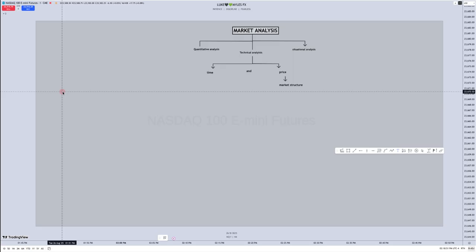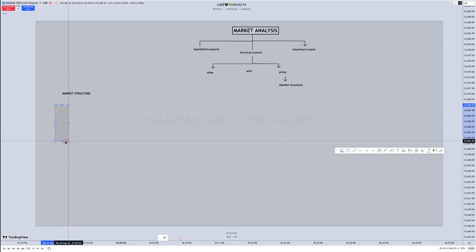So I think what I would start with, if I'm to teach you market structure, we said the general appearance. I cannot teach you the trends without you knowing what forms the trends. What forms the trends are candles.